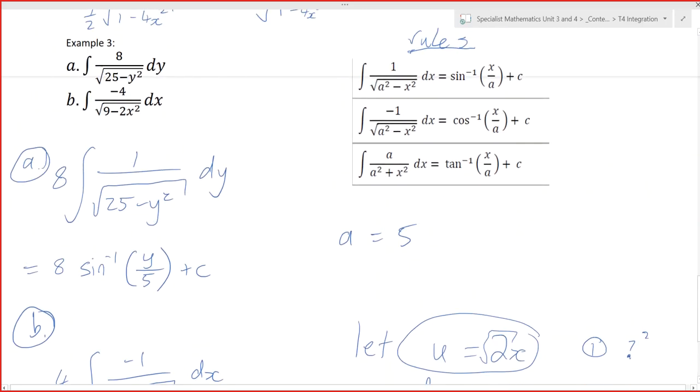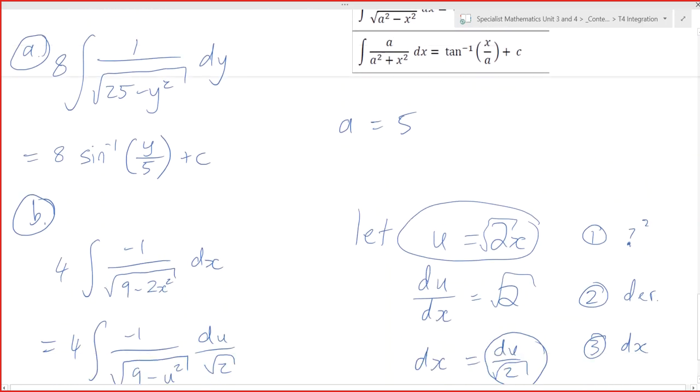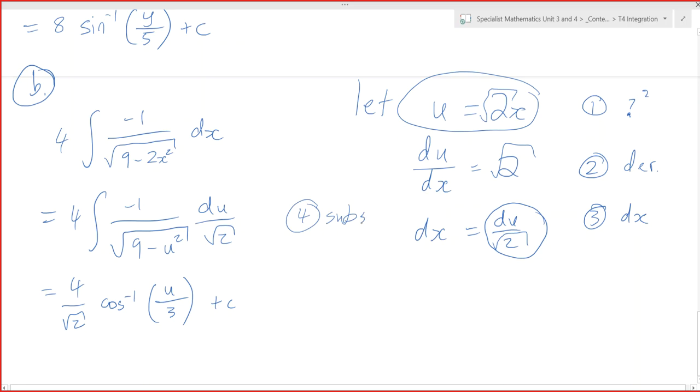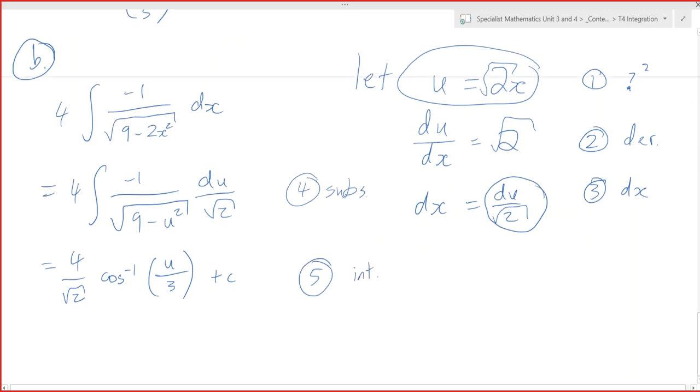So this becomes arccos u divided by the a value, which is 3. Okay, plus, substitute back in, substitute these two in. Step 5, integrate, and then we sub back in.